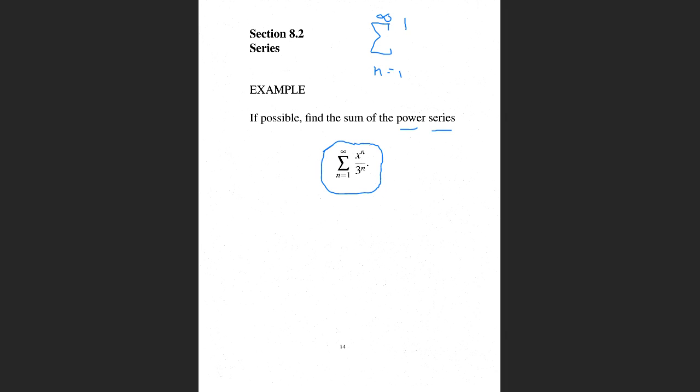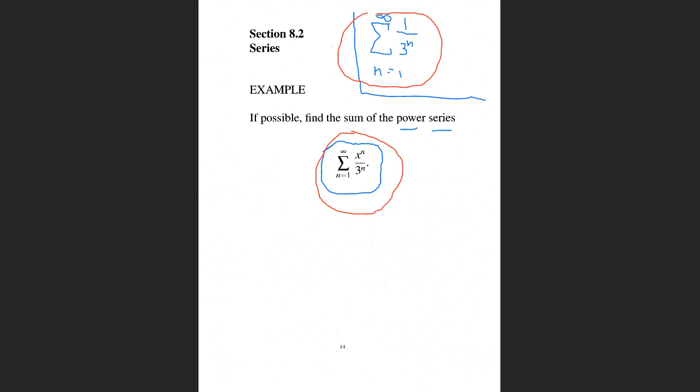Let's say it were something like 1 over 3 to the nth power. So what's the difference between this series and this series? Okay, good, Colum, good, Tina.